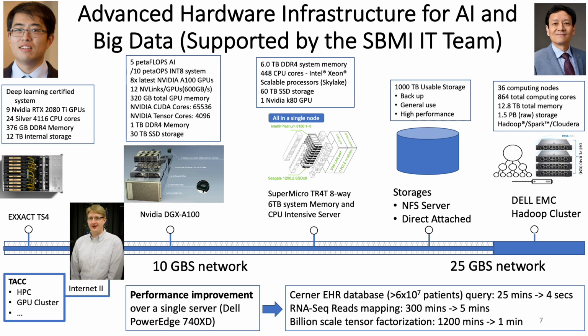We also acquired a large memory server from Supermicro, with 6 terabytes of system memory and 448 CPU cores, which is very robust and can help with large-scale data analysis.